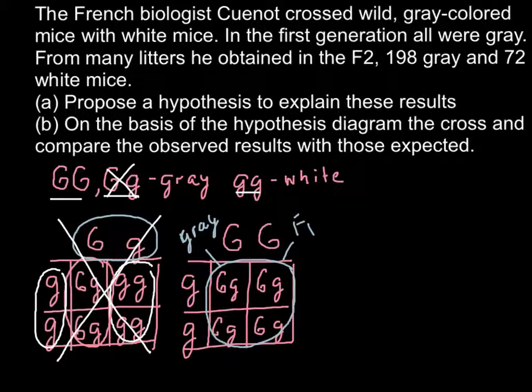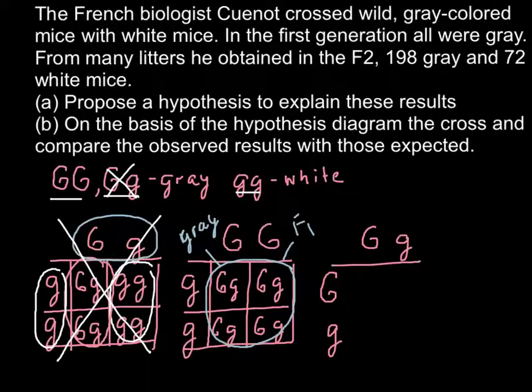And now let's move to the second generation, which we call the F2 generation, when we cross, or self-cross, the F1 generation in order to obtain the next generation. So we would have here capital G and small g on top for one parent, and capital G, small g on the side, because this is going to be the only genotype possible, so both parents would be of the same genotype.